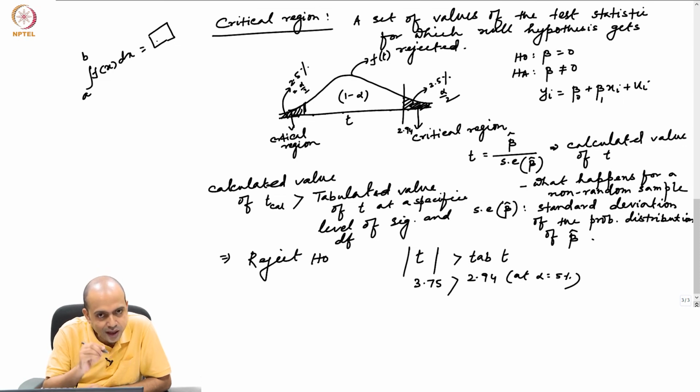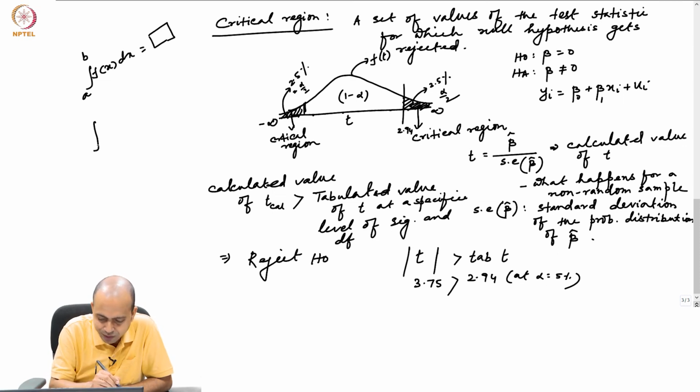Now following the area property of the definite integral, what we are doing here is the reverse integration. That means you know that the range of this is minus infinity to plus infinity. So I am specifying a problem like this: minus infinity to, let us say, b, of f(t) dt equals 5%, that means 0.05.